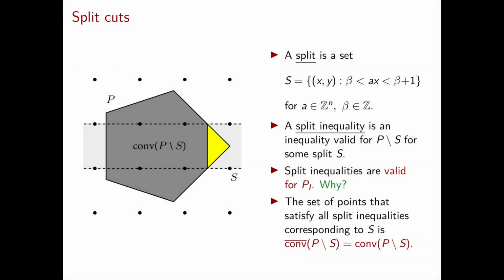Generally, we can have many more split inequalities that are needed to describe the convex hull of P minus S.